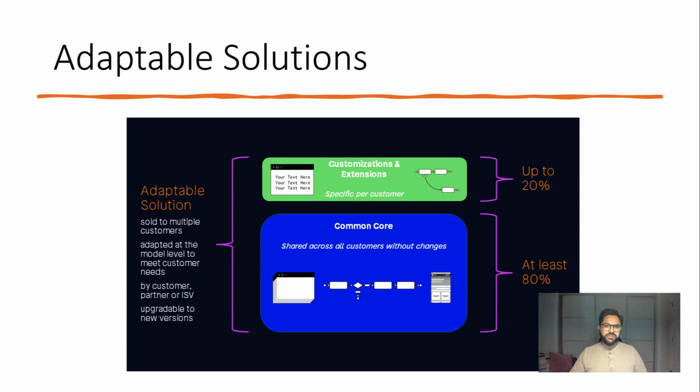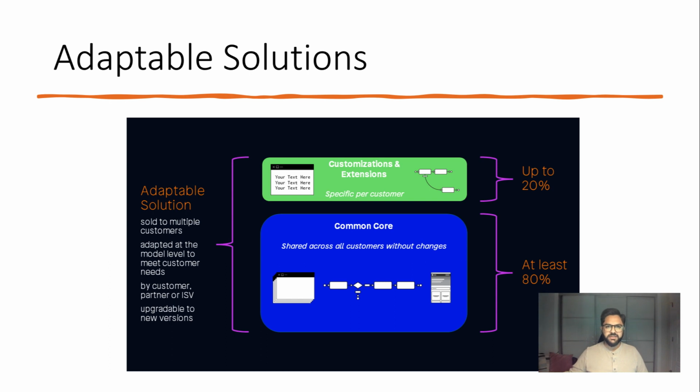An adaptable solution is a solution package that you extract out of your core application and give it to your customer, where the common core is at least 80% of it, and the rest 20% can be the customizations that the customer does on the solution you provided them, or any extensions they add to it.